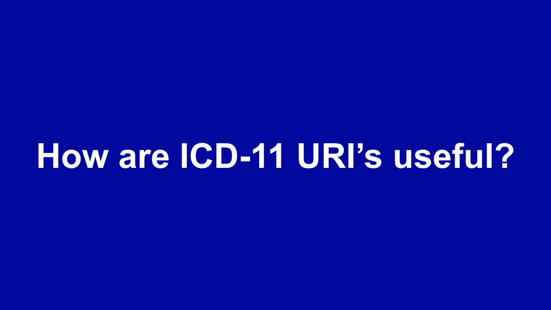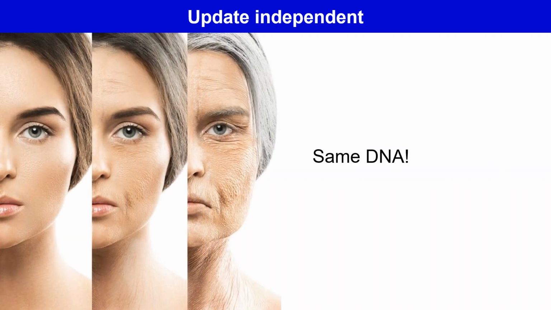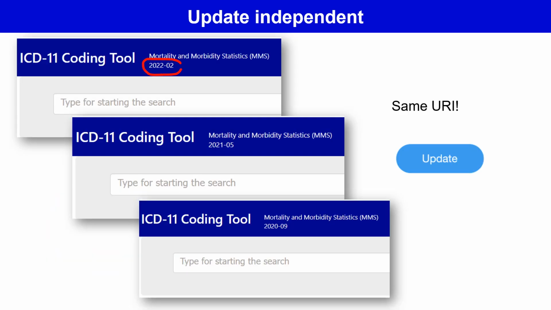But how are ICD-11 URIs useful? The URI of an entity is permanent, like a person's DNA. Your DNA doesn't change over time, and neither does the URI of an entity. It remains attached to the same single entity regardless of any subsequent updates.